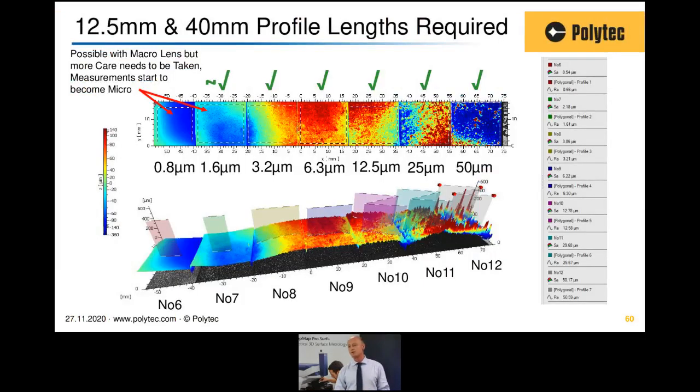And just to try and show where the macroscope and the microscope are overlapping each other in terms of texture capability, I've got different textures here, and you can see the ticks indicate where the macroscope is offering very good representation of the texture. And it's only when you get to the very fine spatial frequencies where the microscope is crossing over and taking over. So again, it's all about how big and how small.